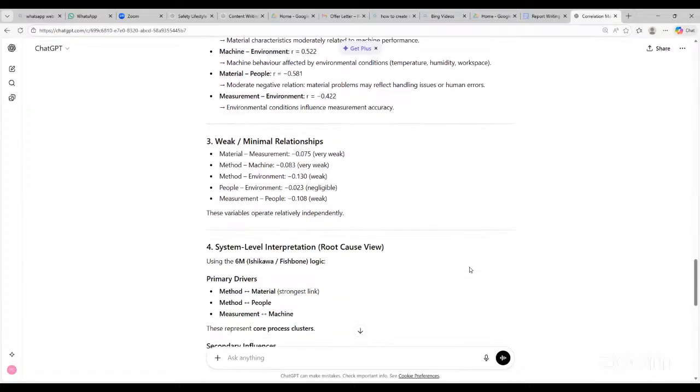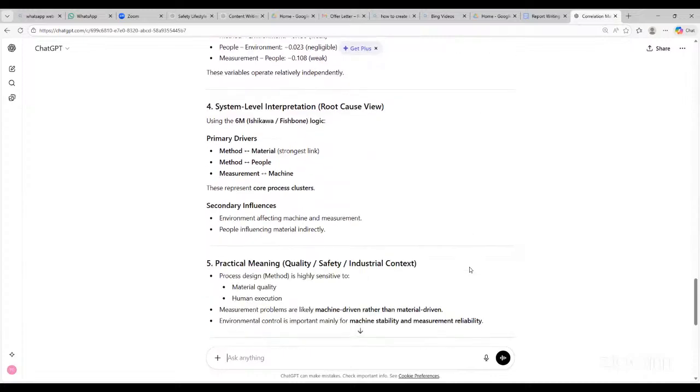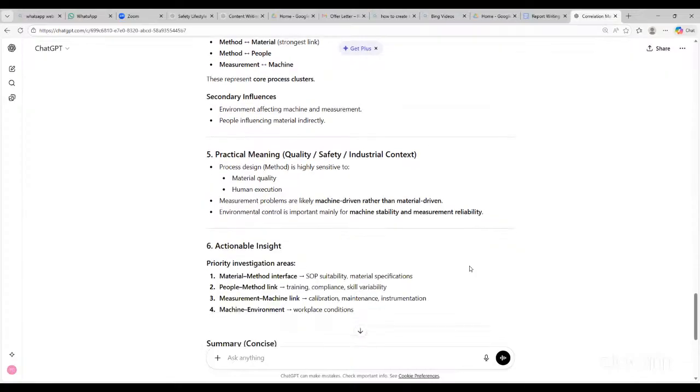So the system level interpretation of the root cause: primary drivers are the method and material, strongest links are method versus people, measurement versus machine. And secondary influences are the environment affecting machine and measurement, people influencing material indirectly.